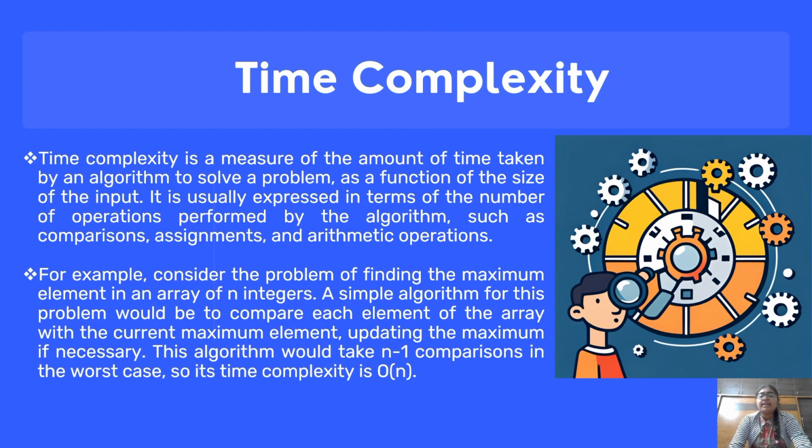For example, consider the problem of finding the maximum element in an array of n integers. A simple algorithm for this problem would be to compare each element of the array with the current maximum element, updating the maximum if necessary. This algorithm would take n-1 comparisons in the worst case, so its time complexity is O(n).